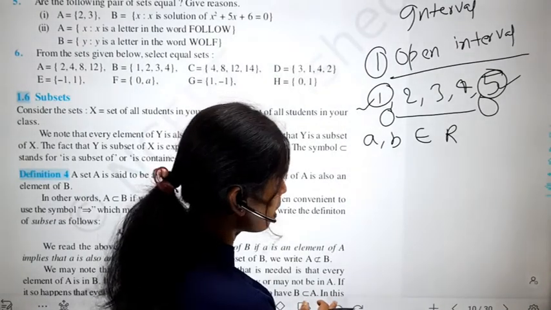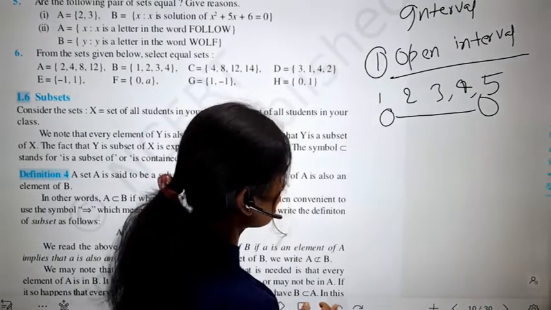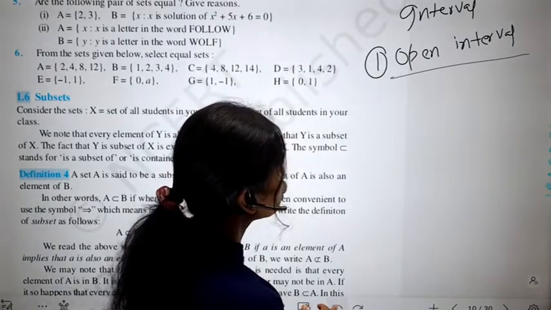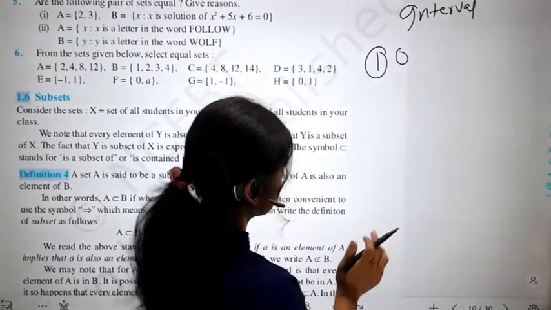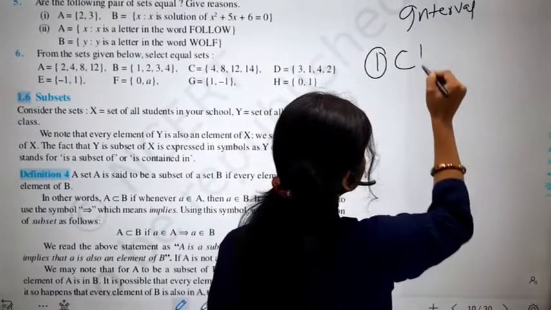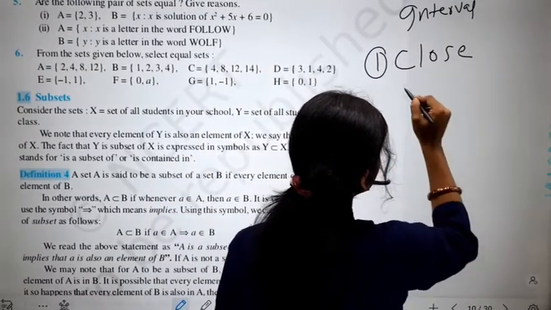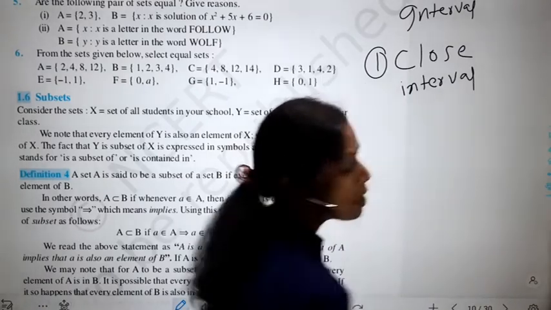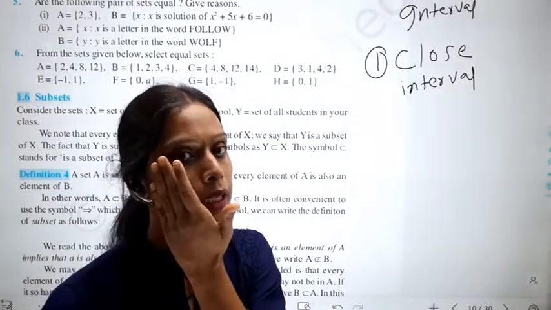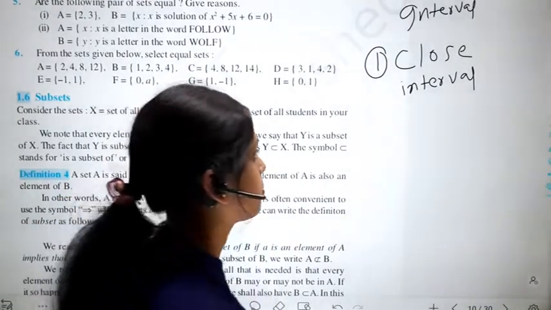Next one is a closed interval. Closed interval means what?